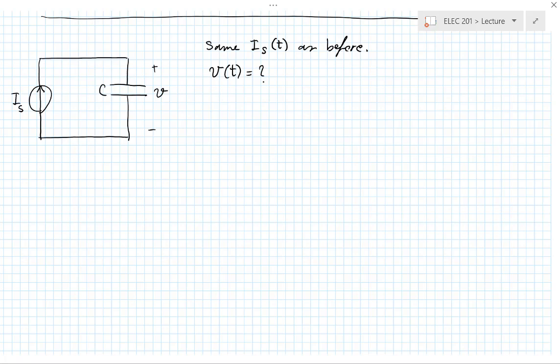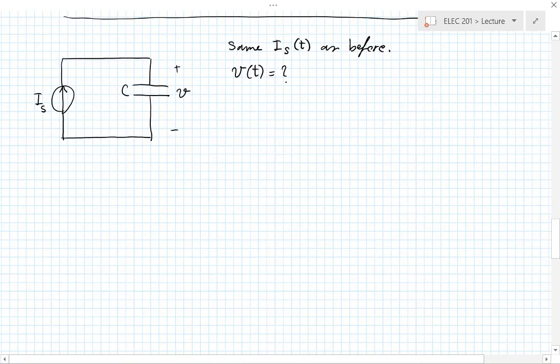Take a couple of minutes, think about it. And in the same spirit as the question I asked yesterday, is this A, a good circuit, or B, bad circuit?